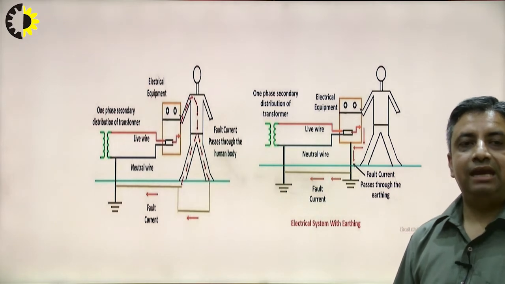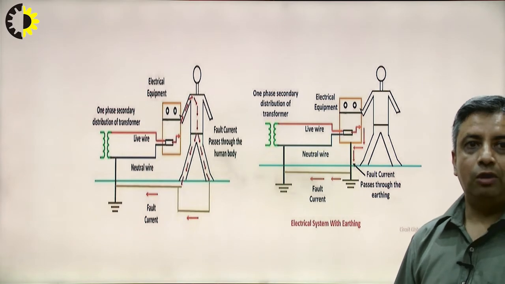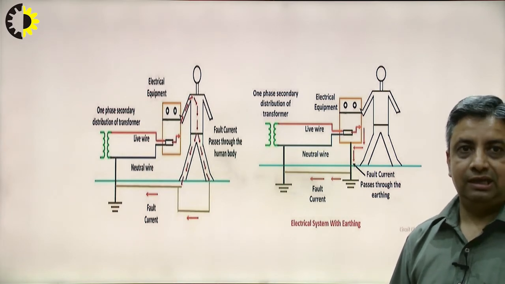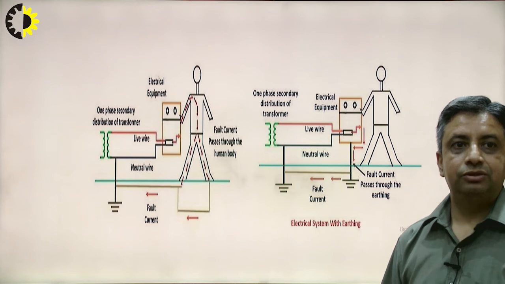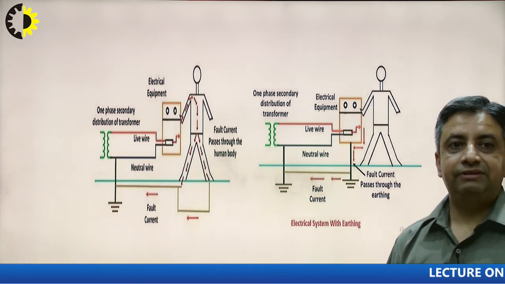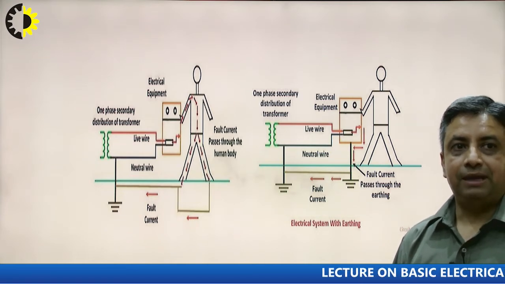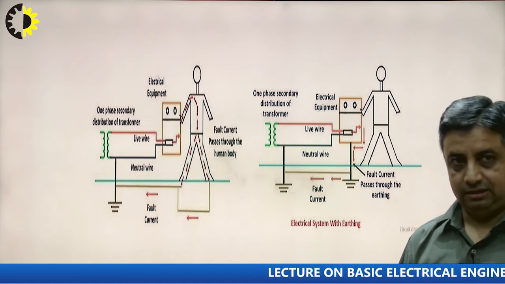Now, with the help of this example, I will discuss how, with the help of earthing, a life can be saved. So, in the first case, as you can see here in this figure, this electrical appliance is not properly earthed.